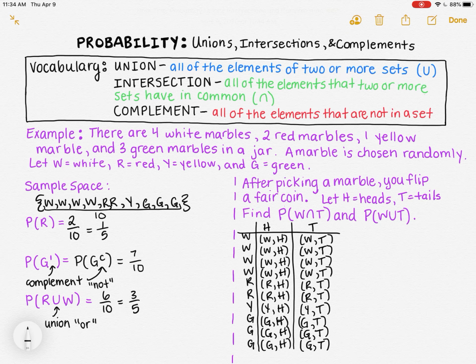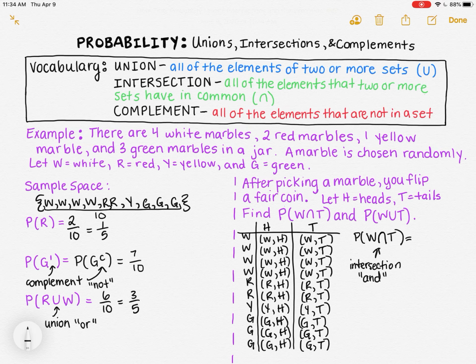So the first one is asking the probability of picking a white intersected, this upside down U is an intersection, with picking a tails. Again, this symbol, the upside down U, is an intersection. One way to think of that is the word and. So I'm trying to find the probability of picking a white marble and flipping tails.